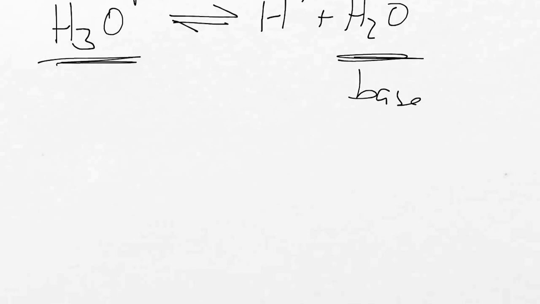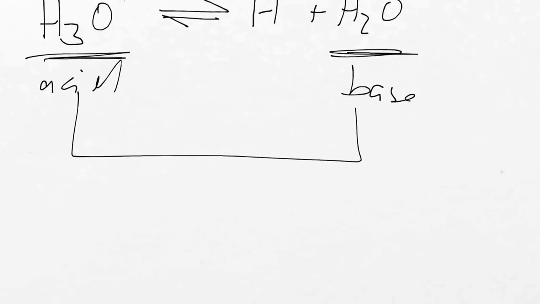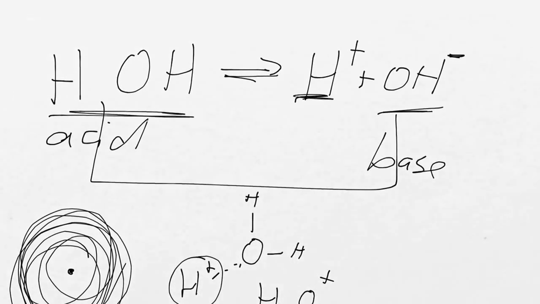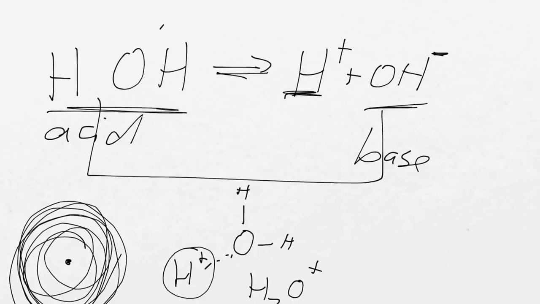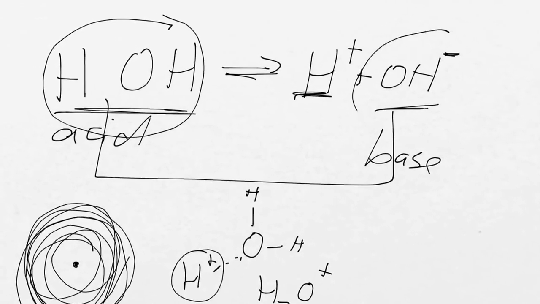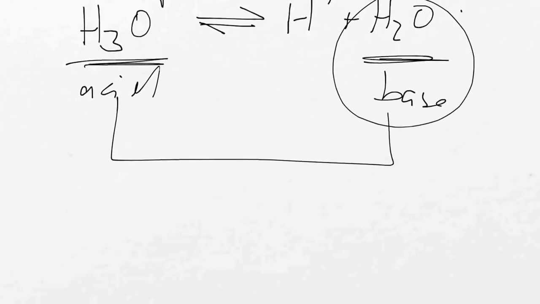What have we got? A conjugated acid-base pair, right? Wait a moment. You're lying. Because you just told me that in this case here, water is the acid and OH minus is the base. And now you're trying to sell me that H2O is the base.